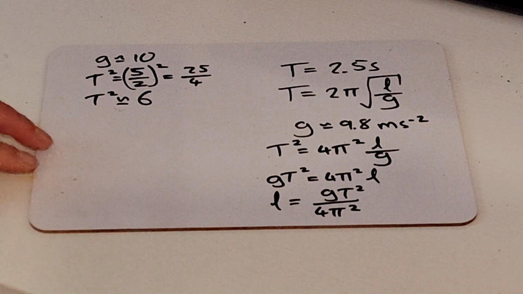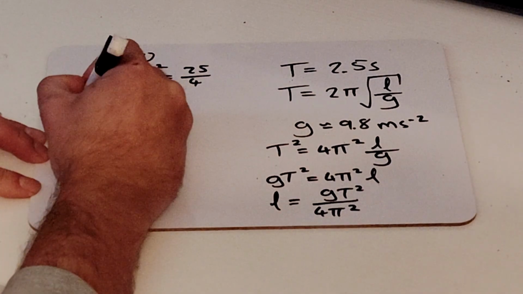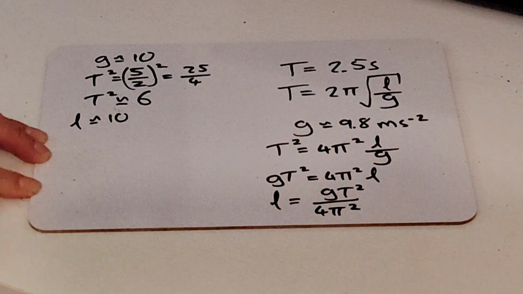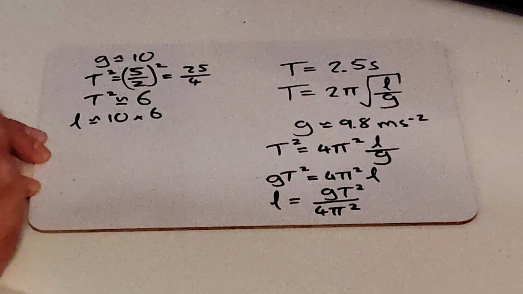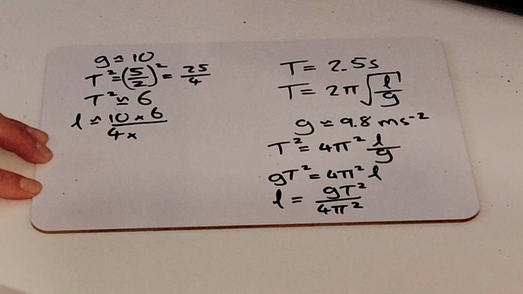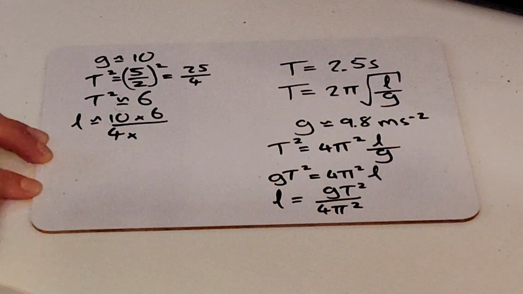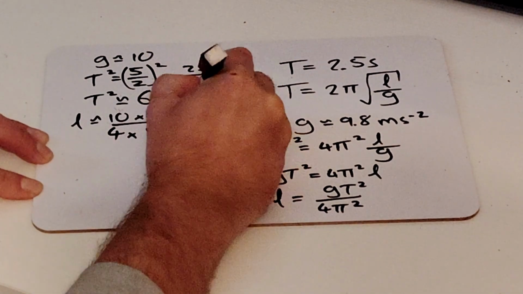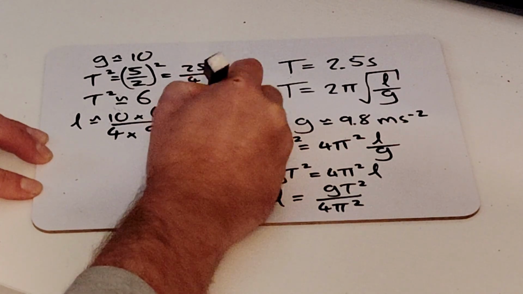here. Okay, so based upon this, L is going to be approximately equal to G, which was 10, times T squared, which is 6, over 4 times, and we're going to say that pi is 3, so we're going to do 4 times 3 squared, which is 4 times 9, which is equal to 60 over 36.